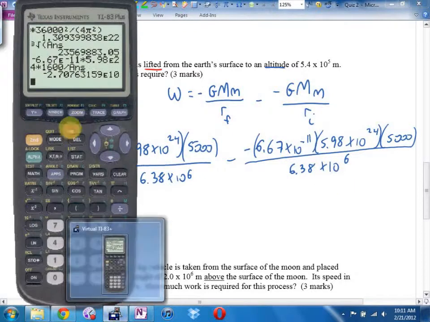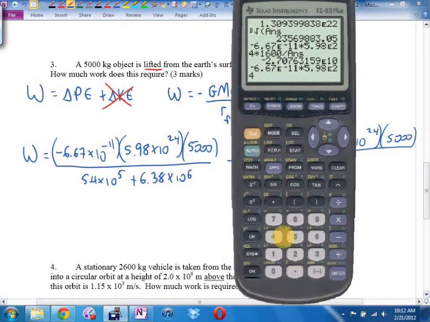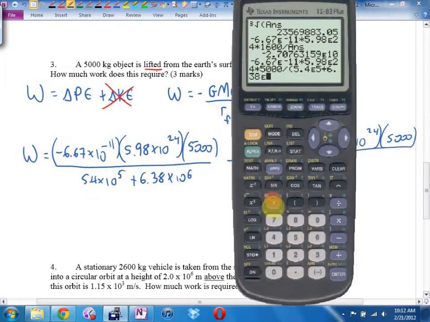All right, I'm going to type in the first expression, press equals. So negative 6.67 times 10 to the negative 11 times 5.98 times 10 to the 24th times 5,000 divided by bracket 5.4 scientific notation button 5 plus 6.38 scientific notation button 6.